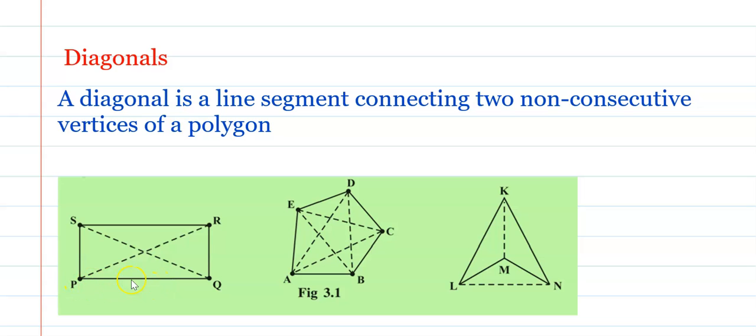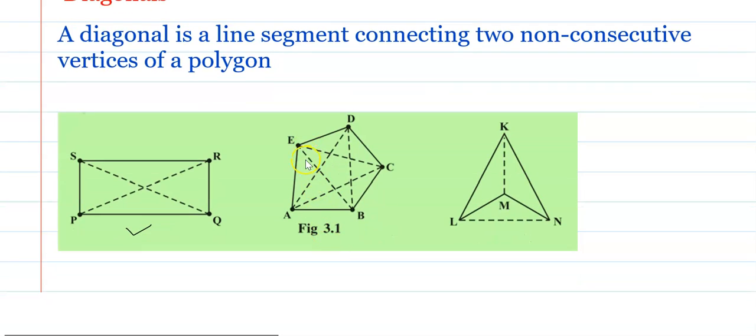I will not take the point Q or the point S, because Q and S are the consecutive points for the point P. Therefore, I will join the point P with R. Therefore, PR is a diagonal. Next, S: I will not join it with R and P, I will join it with Q. Therefore, this quadrilateral has two diagonals.